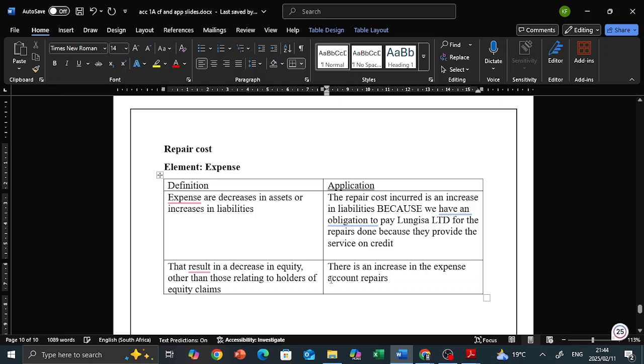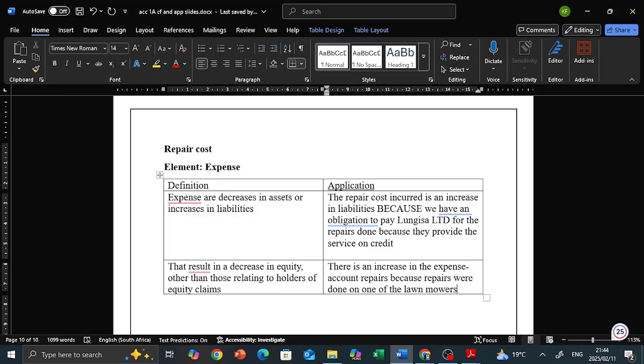Remember how I told you elements have different accounts. So the expense account that's going to increase is repairs or repair costs, like I just showed you. Because again, your best friend, repairs were done on one of the lawn mowers.